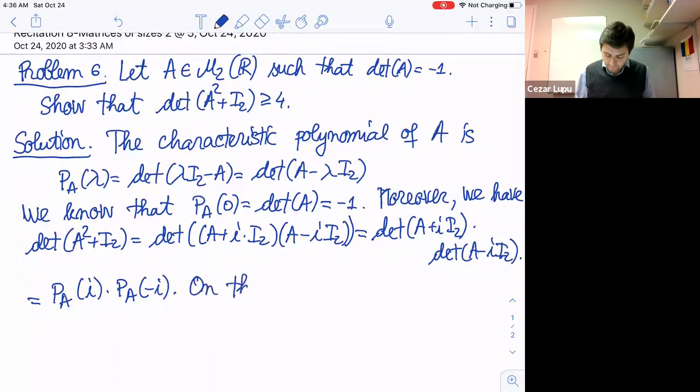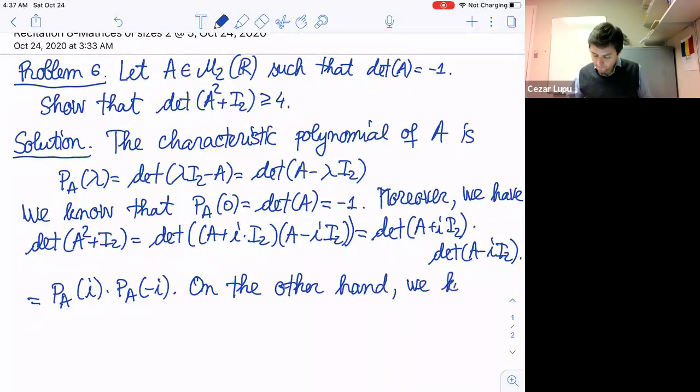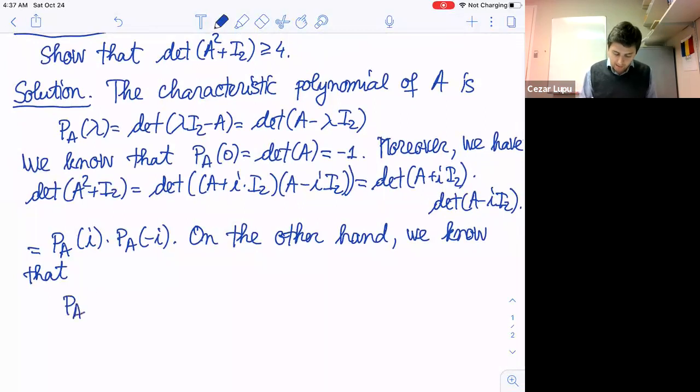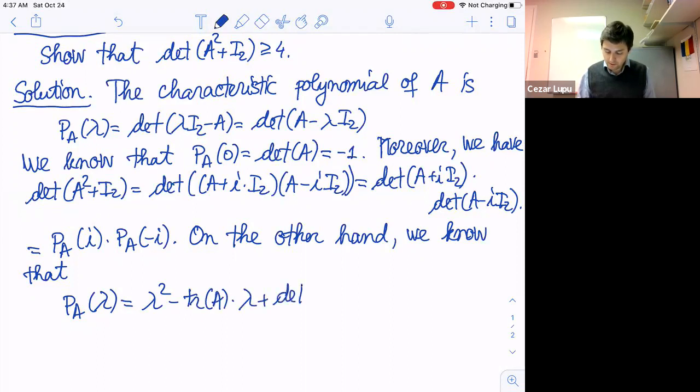On the other hand, P_A of lambda is nothing else than lambda squared minus trace of A times lambda plus the determinant of A. And we know that P_A of 0, which is the determinant of A, is -1. Let's see who this P_A is.